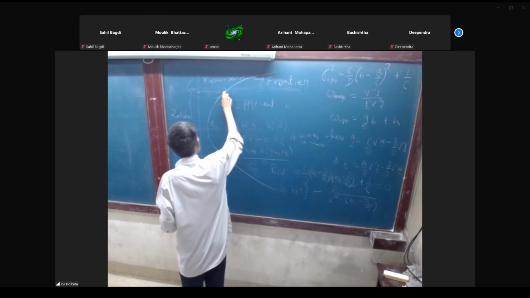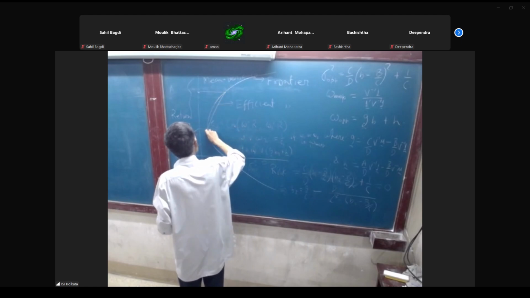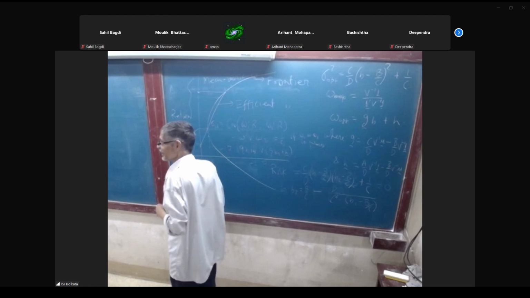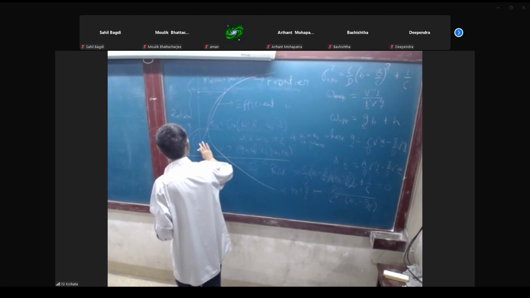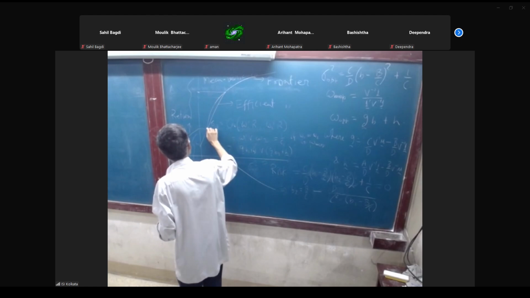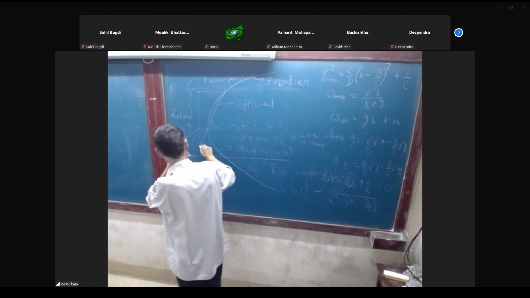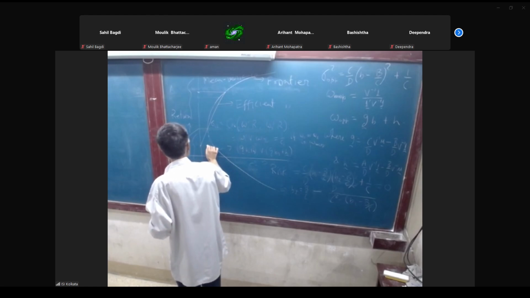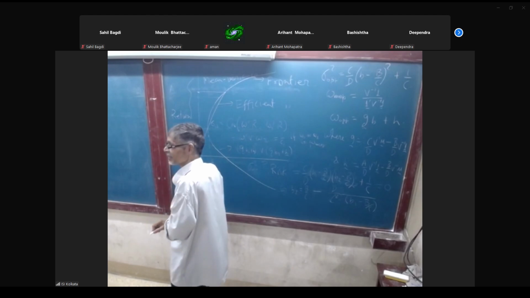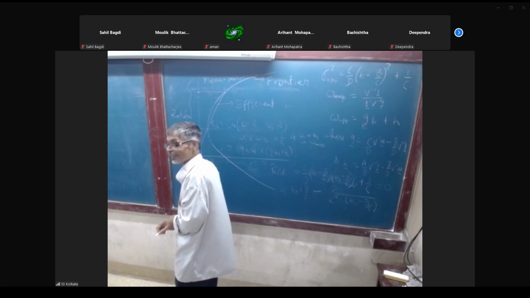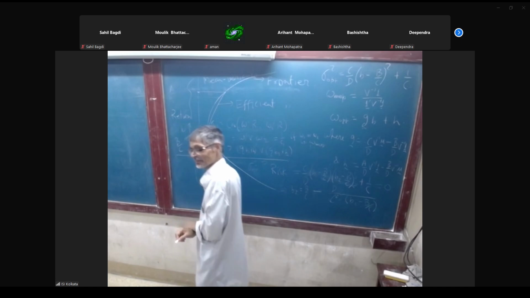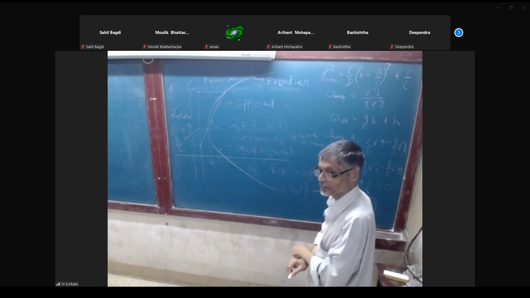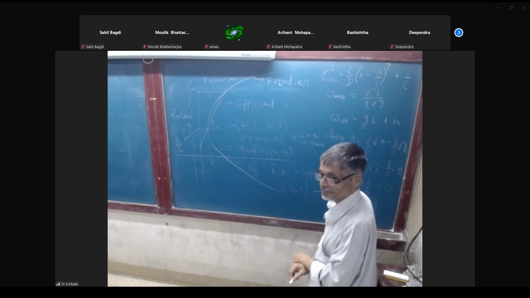So a line passing through this point, wherever it cuts, that point is the one. But it's not passing through, right? It has to be 1 by C. When B is B by C, say, then we have 1 by C.